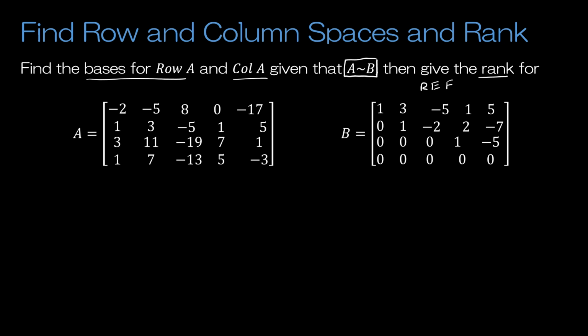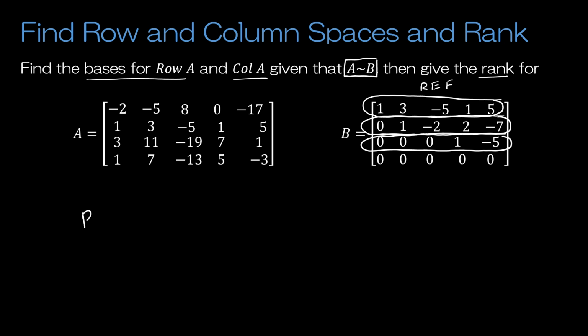So again, since we've done all of the work already, the row space of A is the non-zero rows in row echelon form. So the basis for the row space of A, again, that means these are the row vectors that would span all of A, and that is 1, 3, -5, 1, 5.